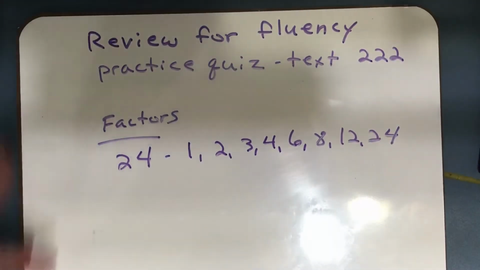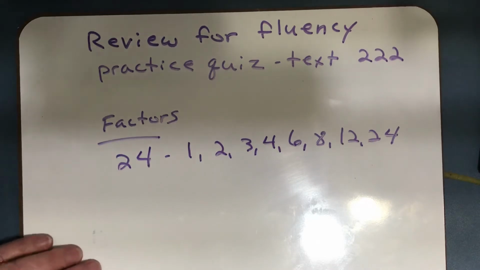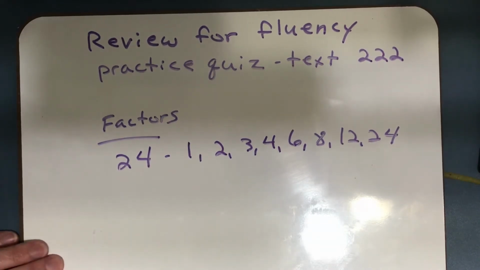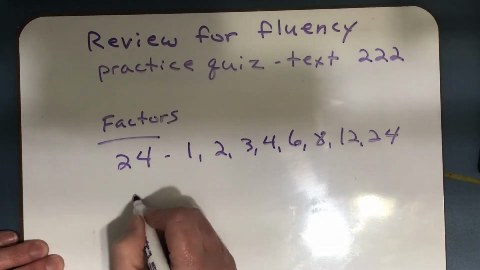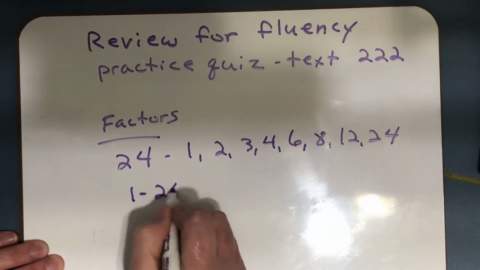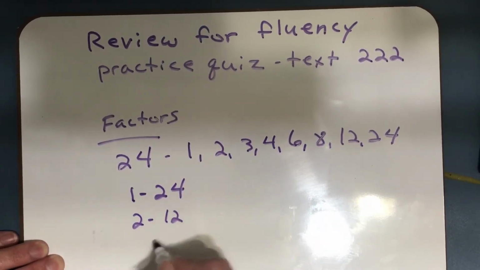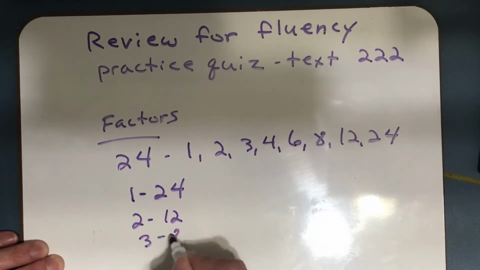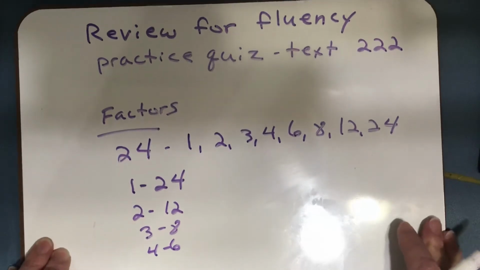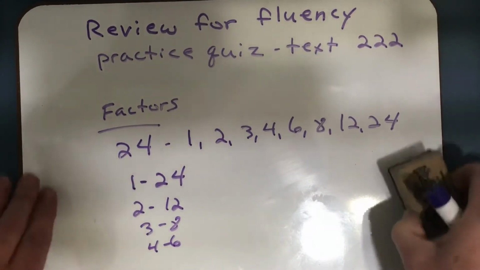That's my list of factors. But it asks me to find the factor pairs, and a pair is 2. So I have to put 2 factors together. So 1 and 24 is one factor pair, 2 and 12, 3 and 8, and 4 and 6. Those are my factor pairs of 24.